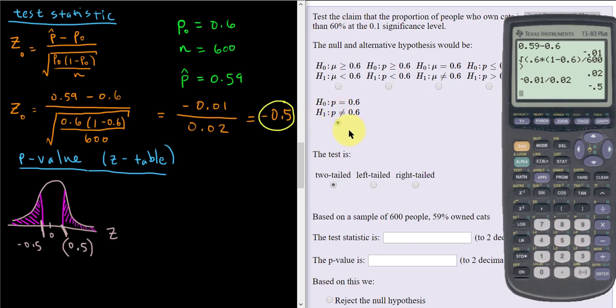Something can be different by being larger or considerably smaller. So we kind of look in both directions. Now, how do we find this area? I need to go to the z-table. This tick mark, the negative 0.5, that's just like a z-score. So we're going to look up that tick mark to find these probabilities in pink.